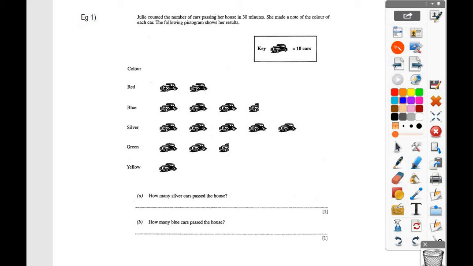We look to the silver cars, and we count that there's 1, 2, 3, 4, 5 cars. Each symbol of a car is worth 10 cars, so 10 fives are 50. 50 cars passed the house. How many blue cars passed the house? Well, we've got 3 symbols of cars, each stands for 10.